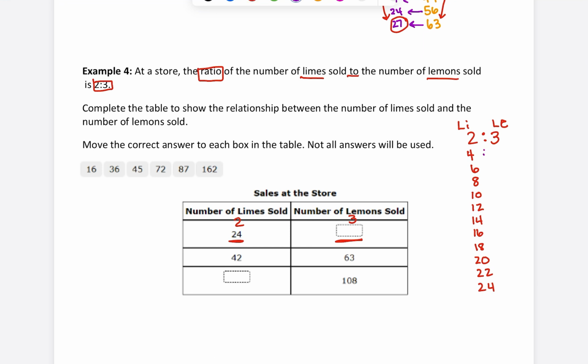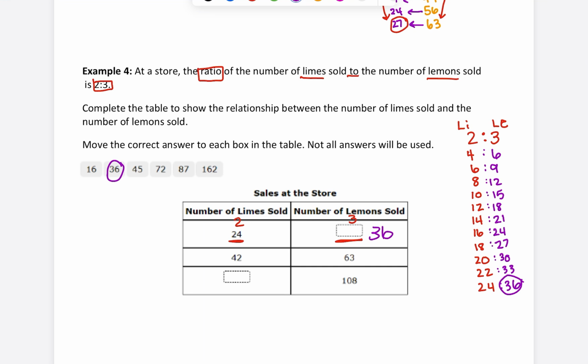So 3, 6, 9, 12, 15, 18, 21, 24, 27, 30, 33, 36. So the missing side would be 36, which is an answer choice.